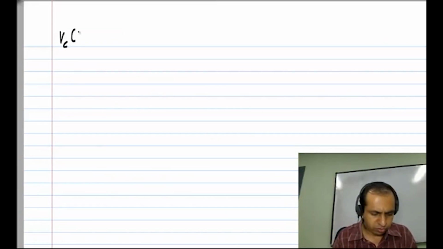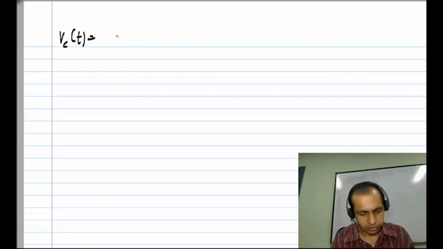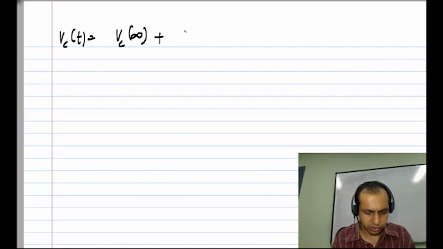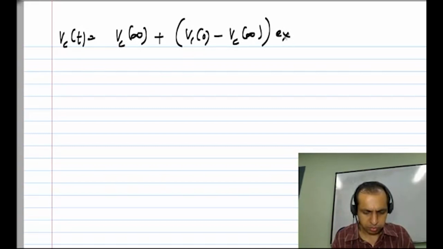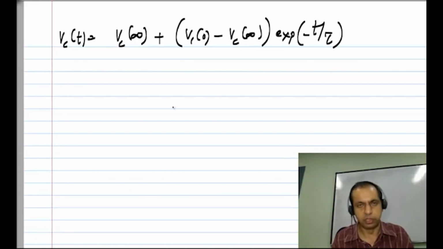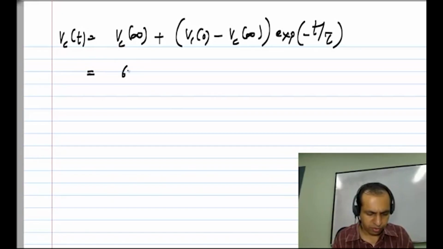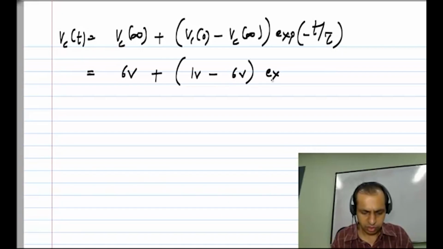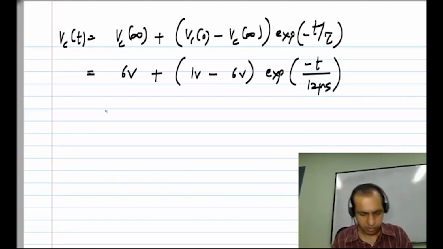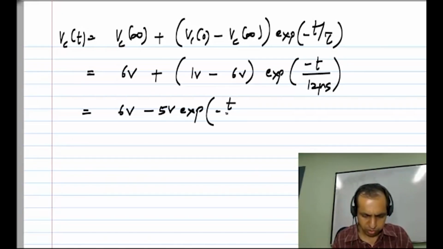So we can easily write out the expression, right? We know that Vc of t is Vc of infinity plus Vc of 0 minus Vc of infinity times exponential minus t by tau, which is 6 volts plus the initial value 1 volt minus 6 volts times exponential minus t by 12 microseconds, which is 6 volts minus 5 volts exponential minus t by 12 microseconds.